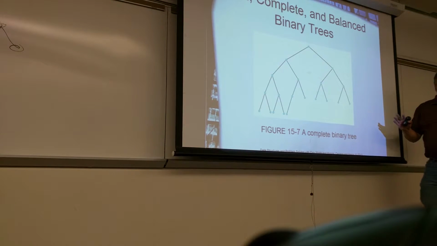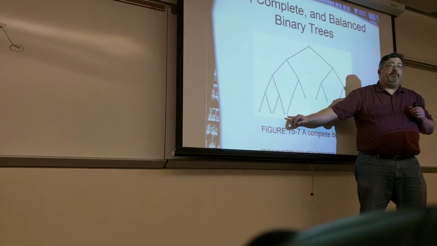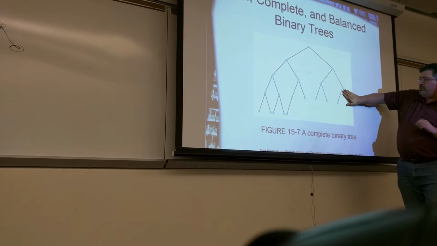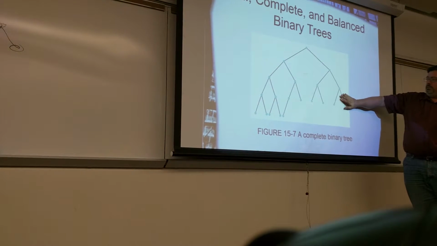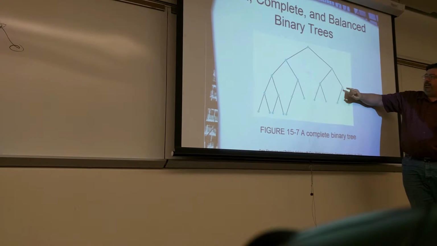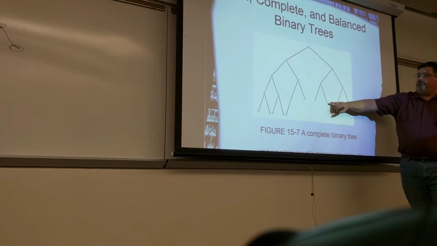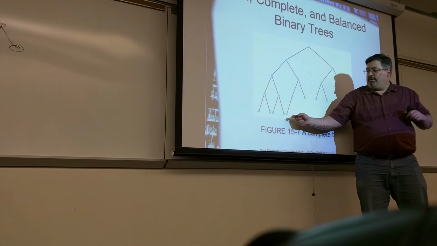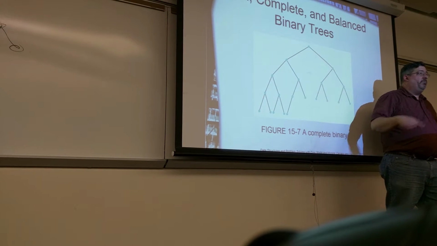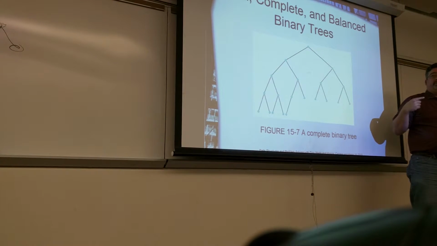So this would be considered balanced because I have a 4 and a 5, so that's only 1 off. But if both these nodes were missing, I'd have a leaf of 3, a leaf of 4, a leaf of 5, but the 3 and the 5 would be separated by more than 1, so this would not be considered balanced.